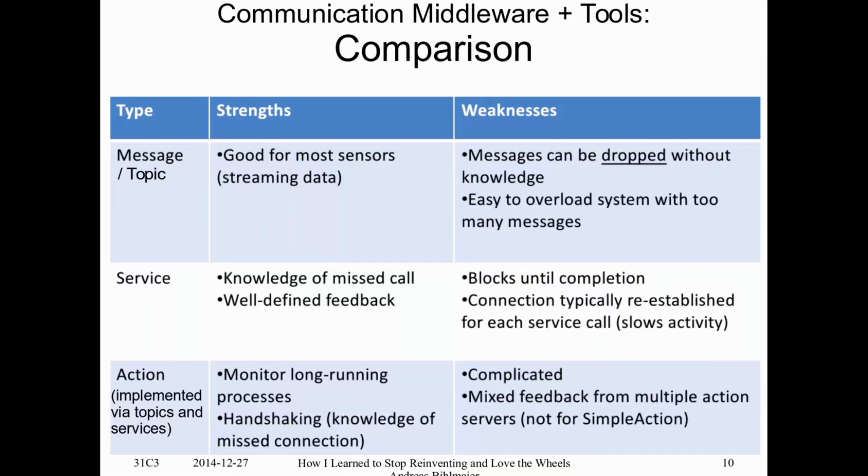And then there are also actions which build on the first two mechanisms, and they allow you to deal with long-term tasks. For example, if you tell your robot, move from here to here, you really do not want to have that as a function call, like in your programming language, because it will take time until the robot goes from some point to another point, and you might want to get feedback in between as well.